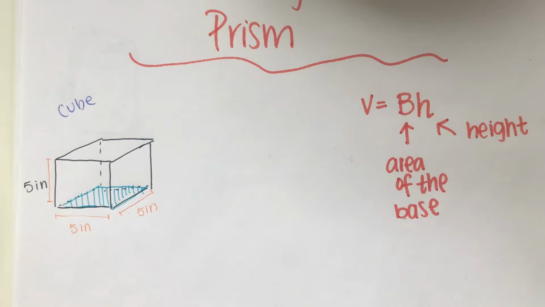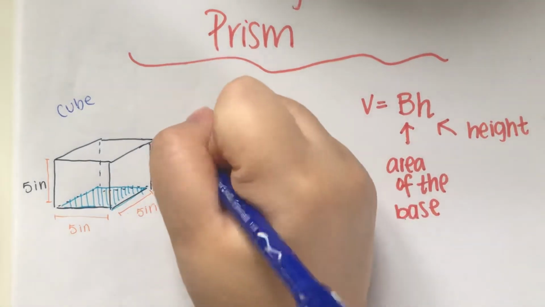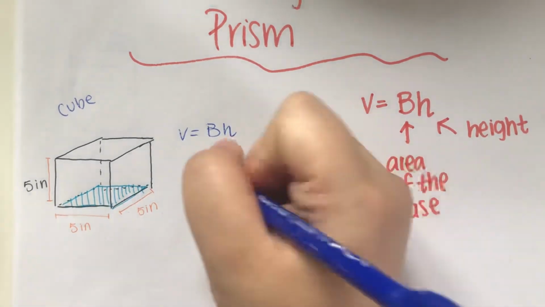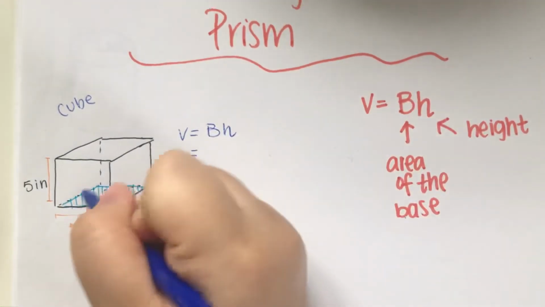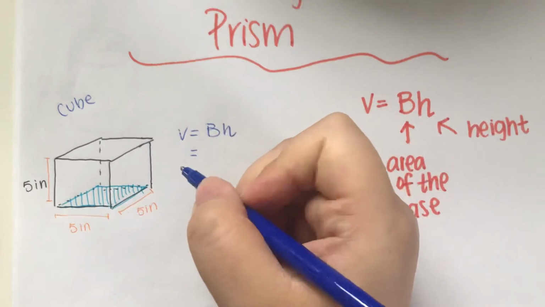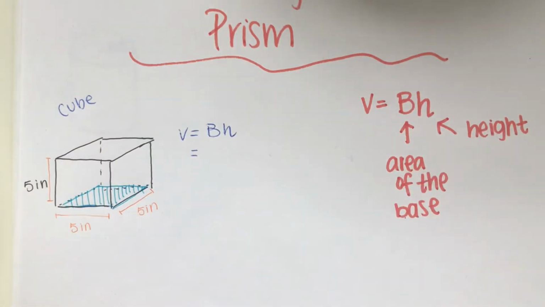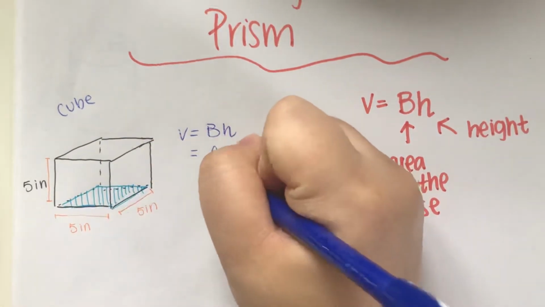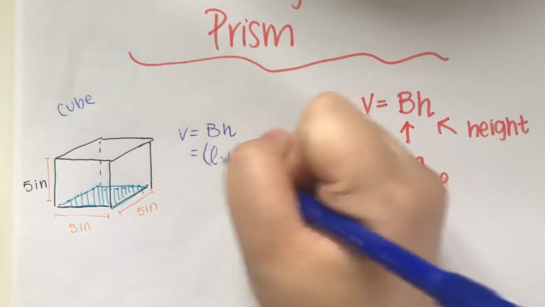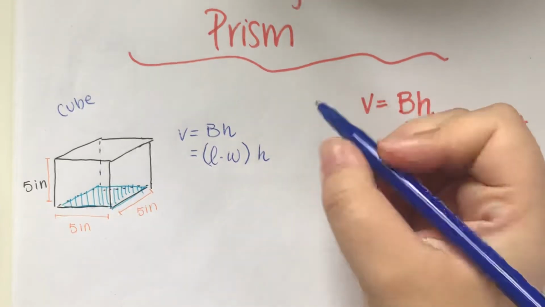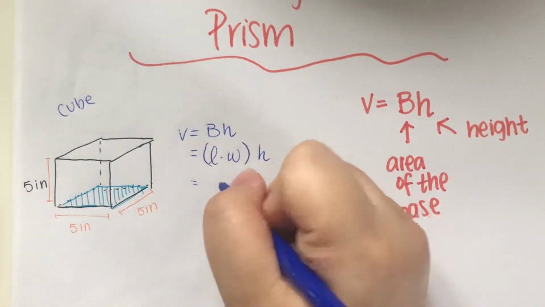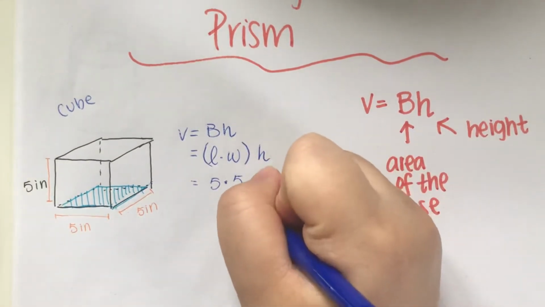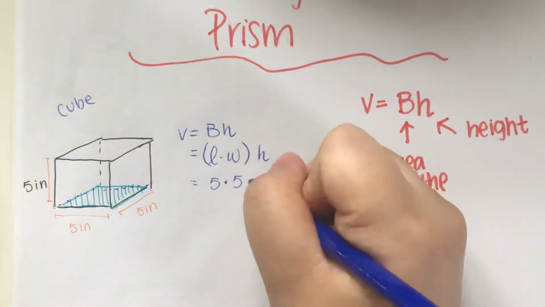Now, according to volume, it's area of the base multiplied by the height. Area of the base. This base right here, it's a square. So that means in order for me to find the area of a square is length times width multiplied by the height. Now, length is 5 times width is 5 multiplied by the height, which is 5.